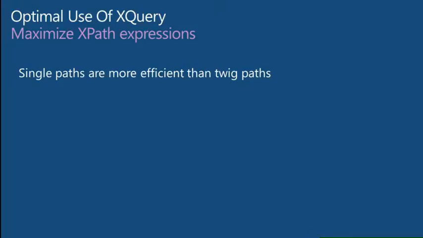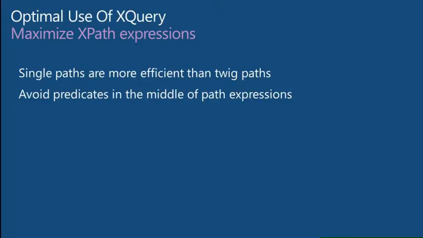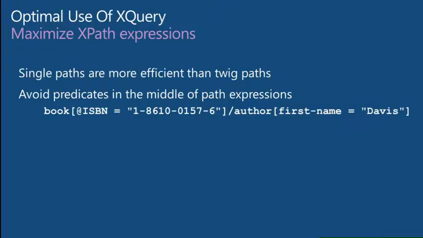For example, if I have a single path, that is more efficient than doing a twig path, which basically means I do things like /a where b/c equals something, that's a twig path. So if I can avoid that, then that's good. I should try to avoid predicates in the middle of path expressions because every one of those introduces a twig.